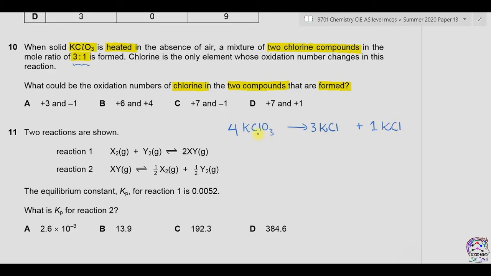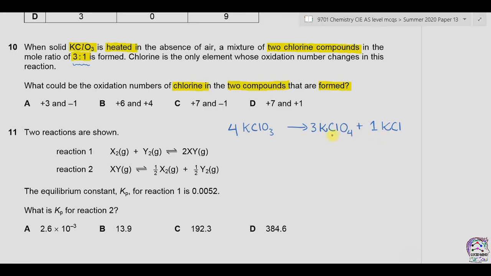For balancing oxygen, we have 12 oxygen atoms and 12 is an even number. So we cannot add 1 as it will become odd, so we write 4 oxygen atoms, 3 4s are 12. And there is no oxygen atom on this product. Now this equation seems to be balanced.